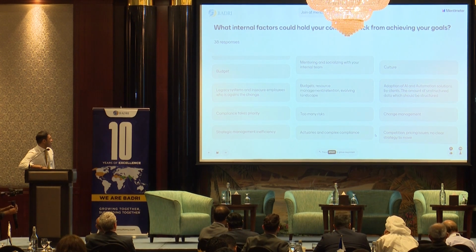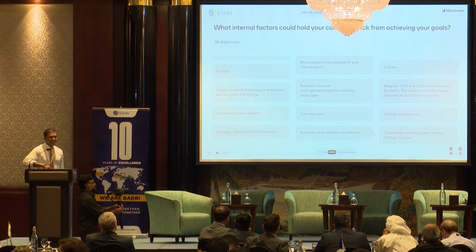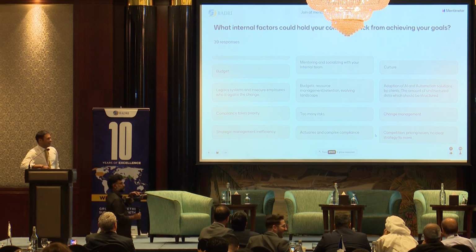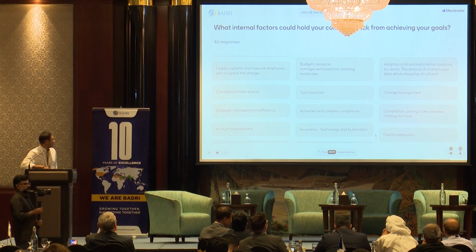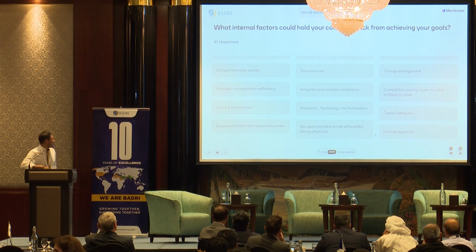Actuarial and complex compliance. So, yeah. Innovation, technology, automation, obviously, those are all weaknesses. Board not familiar with insurance. I understand where some of that is coming from, but yeah.